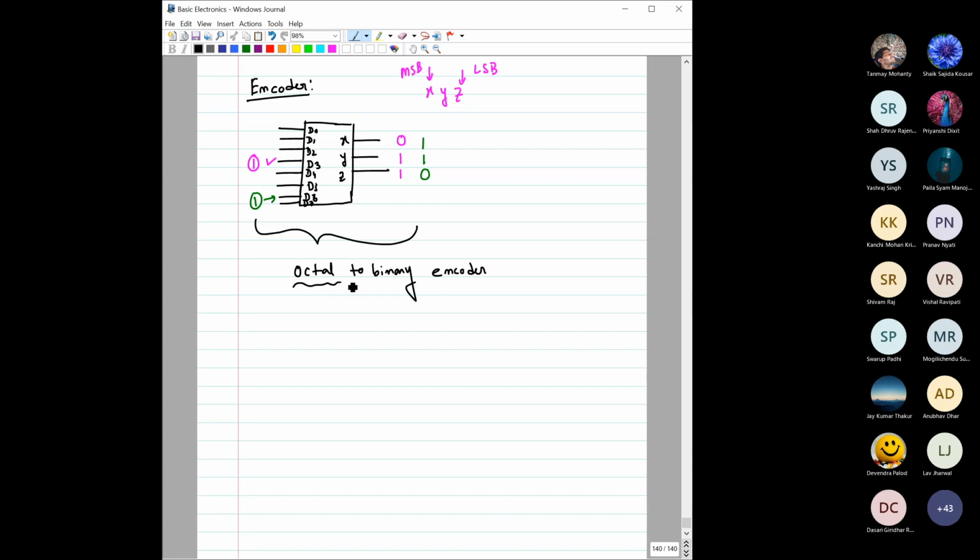Please check, can I say it as an octal to binary encoder? Yes, sir. Octal means you can have digits from 0 to 7, maximum. You make any one of the bits 1, and that will produce the equivalent binary at the output. So it is basically an octal to binary encoder.